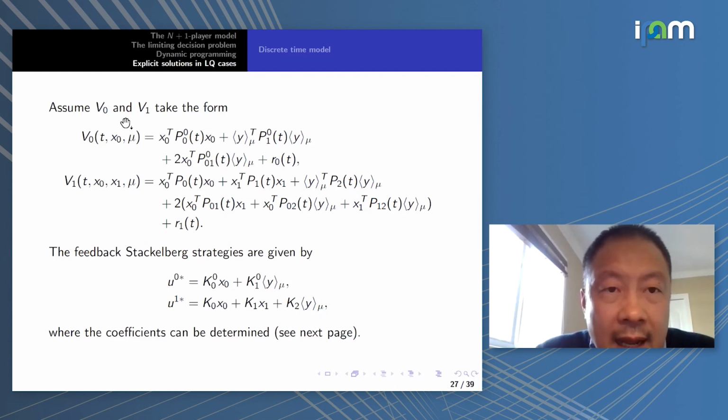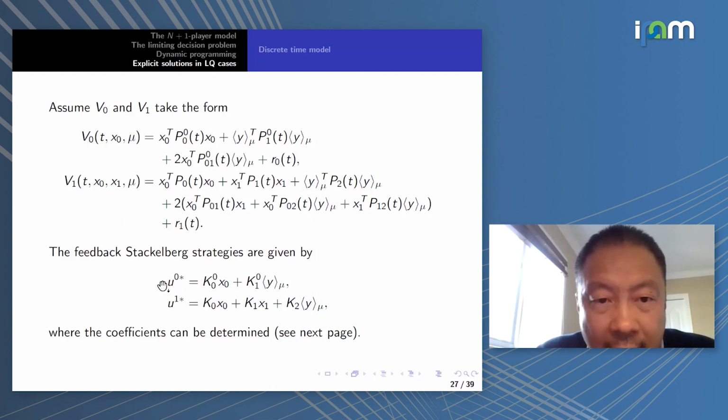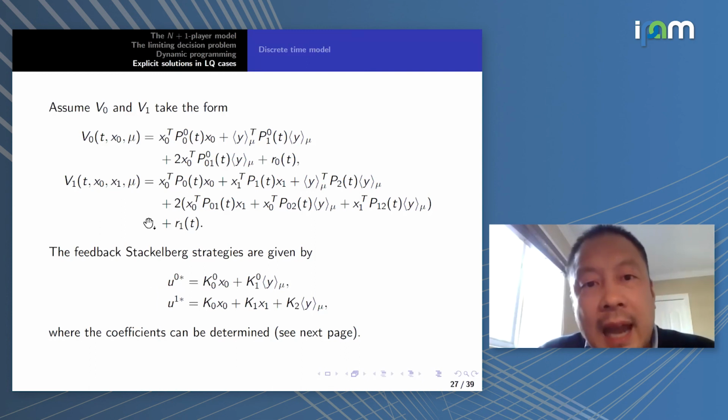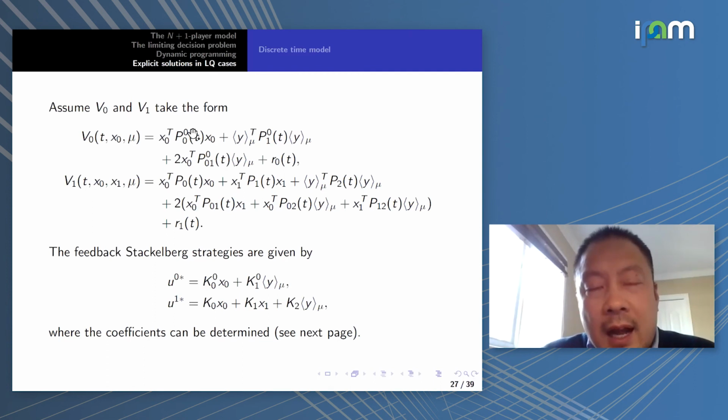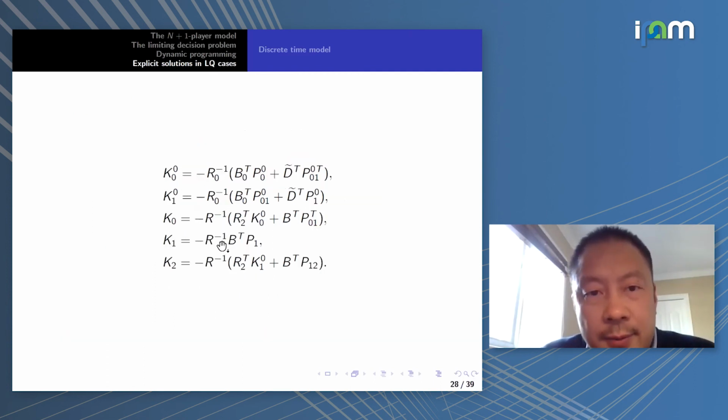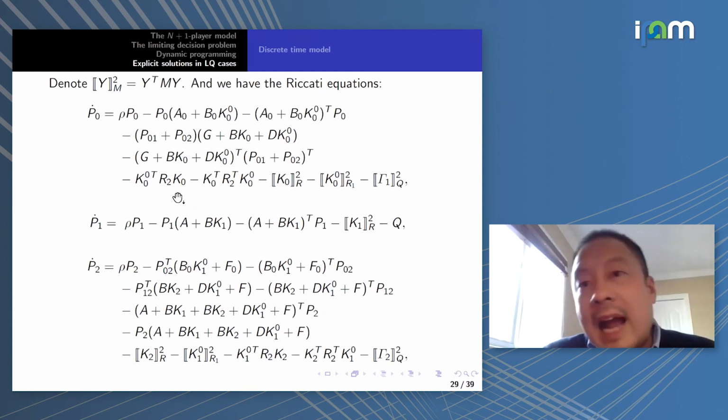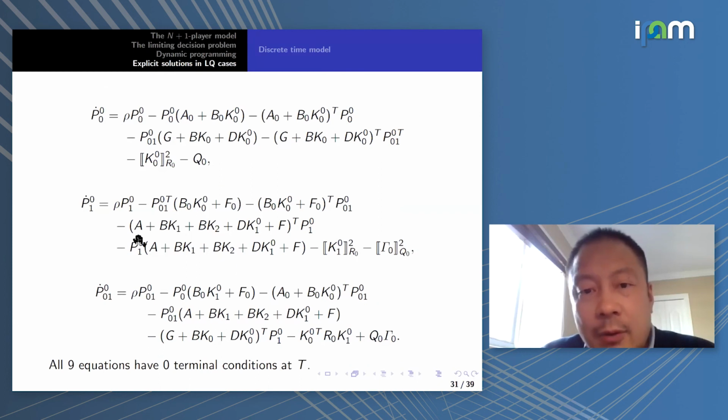Given the guess of the value function, we can write the feedback strategy in this form. And after a little bit of work, we can solve the unknown matrix functions according to Riccati equations. Actually, we have 9 Riccati equations.